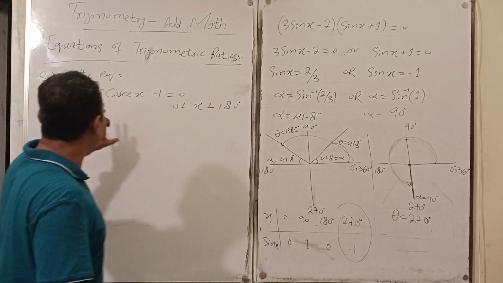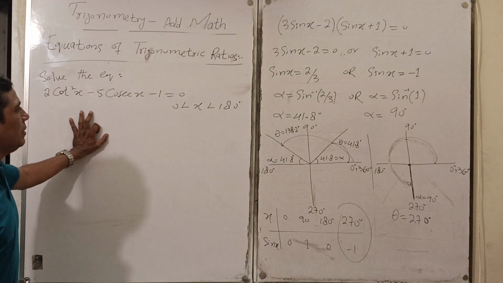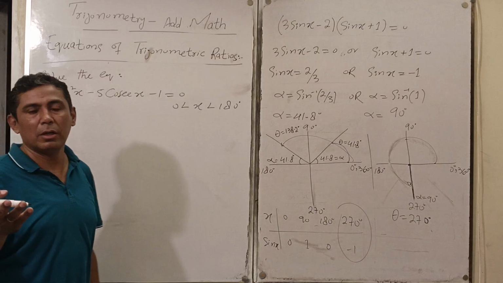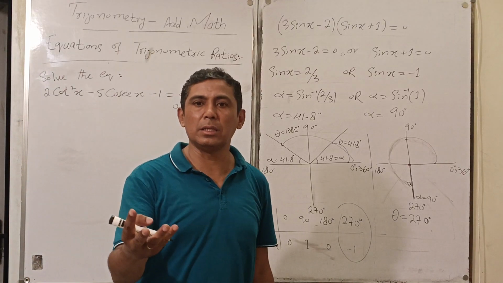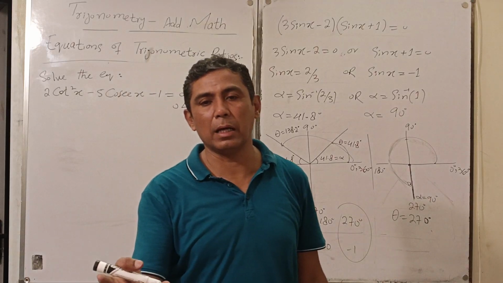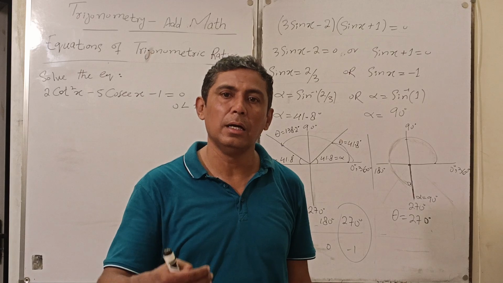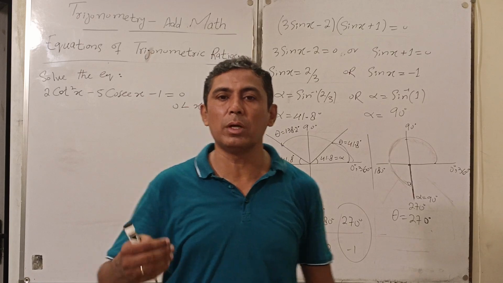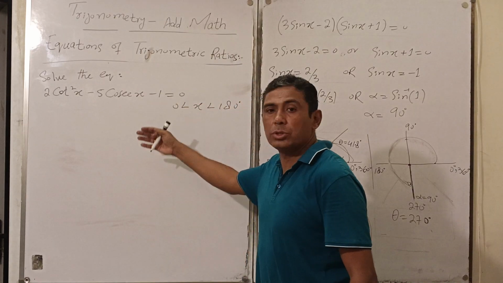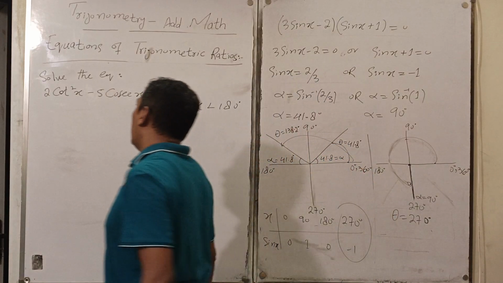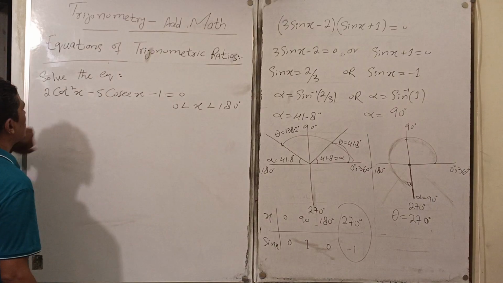Now we have the basic ratio graphs: sin theta, cos theta and tan theta. You don't have the graph of cosec theta or cot theta, so you need to convert these ratios into the basic ratios first of all. Clear? Now solve this one.